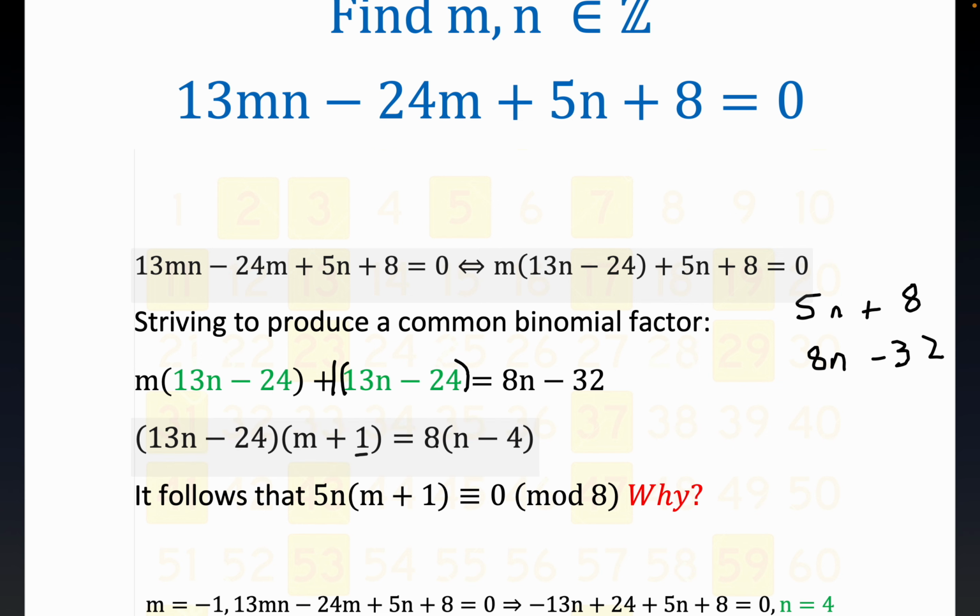Now notice the right-hand side is a multiple of 8. So in other words, you can rewrite it this way. Now, I put the y here. Well, notice that 13 is congruent to 5 mod 8, and this 13 got replaced with a 5 down here. Now, look, 24 is congruent to 0.